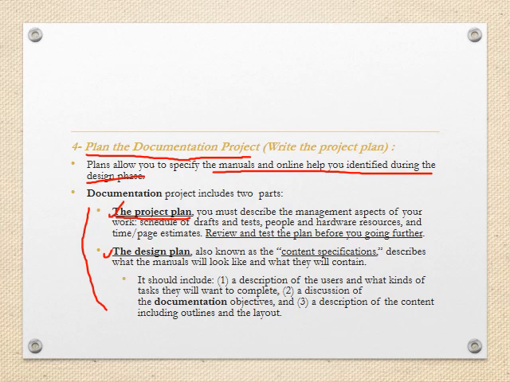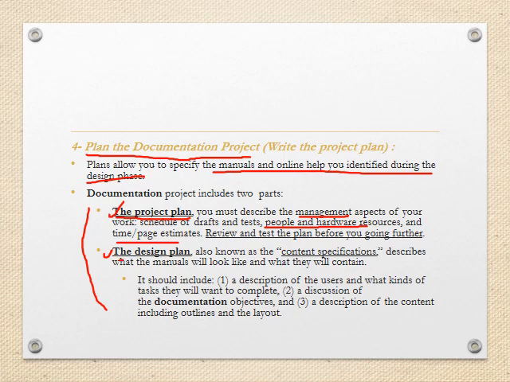You must describe the management aspects of your work, the schedule of draft tests, people and hardware resources, and time and page estimates. Review and test the plan before you go further. The point here is that we show the deadlines, resources, and time and page estimates so that we can manage our project.